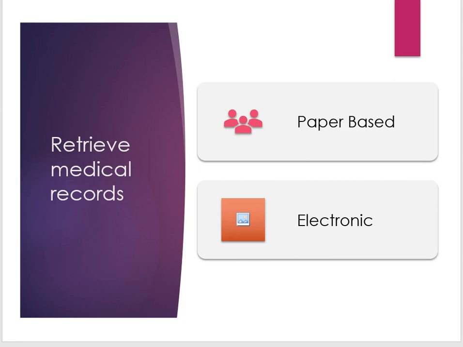The health record from an electronic perspective has a variety of ways that you can look up the record without having to leave a computer station, whereas in a paper-based world, of course, the record could be misfiled or missing, and so the paper world presents more of a challenge.